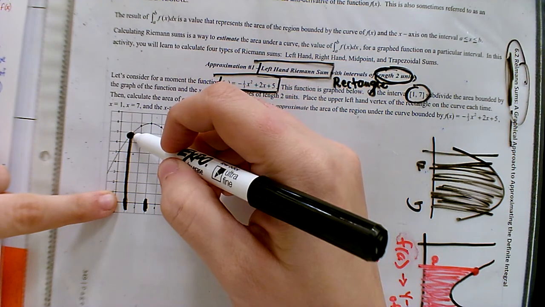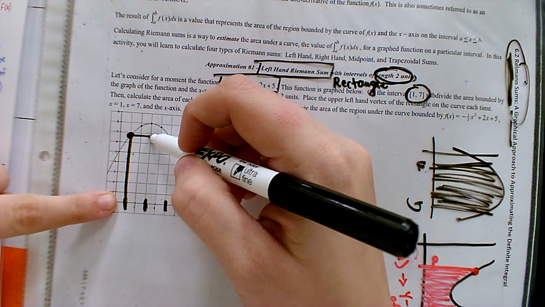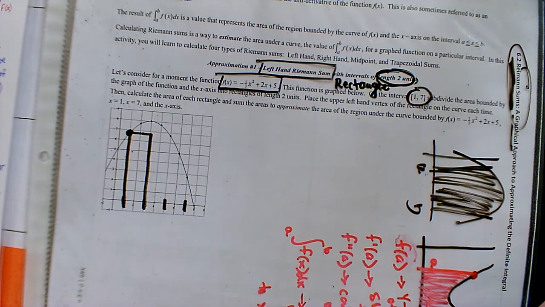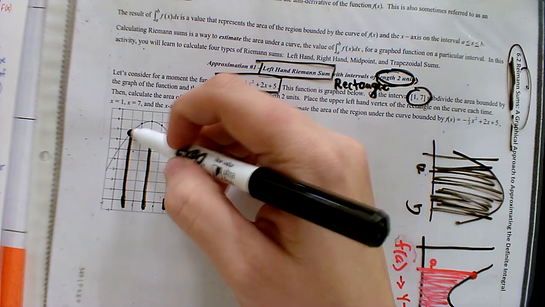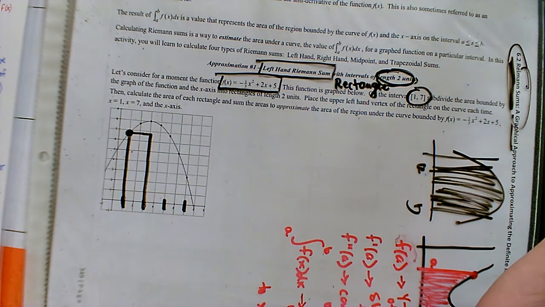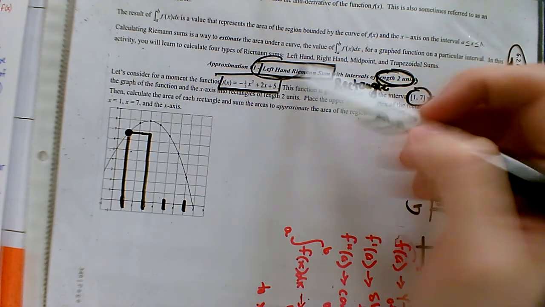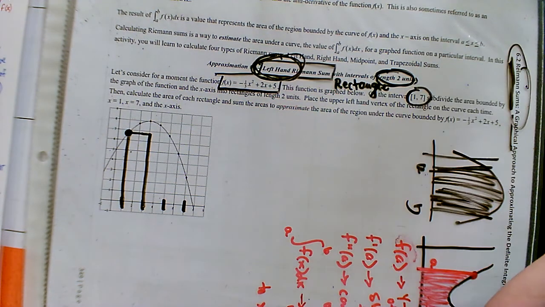You're going to go perpendicular to the right-hand side and then back down to 3. So there's a rectangle that's 2 units wide, and notice how the left endpoint, the left vertex of that rectangle, is hitting the curve. That's why it's called a left-handed Riemann sum.